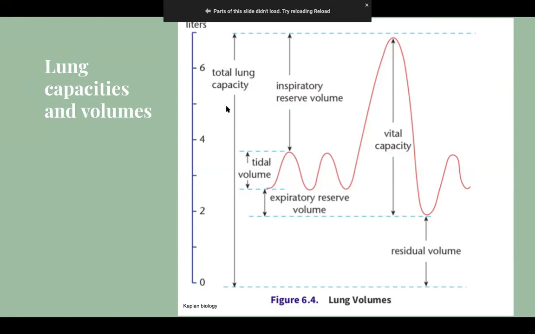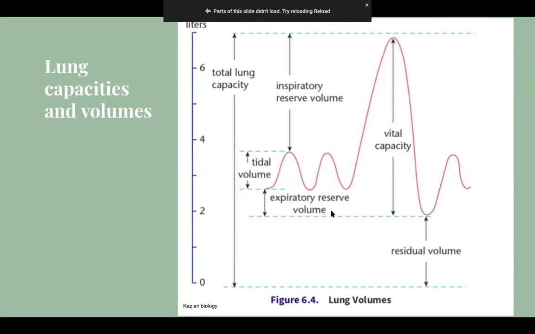The total lung capacity is the maximum volume of air that your lungs can carry. Tidal volume is your average volume of air that you inhale or exhale in an average breath.